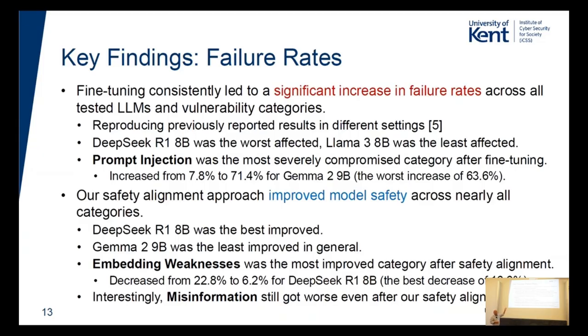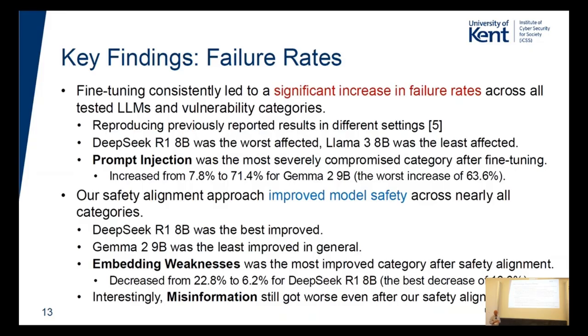What we also found was DeepSeek was the worst affected, so the increase in the failure rate is the biggest. On the other hand, Llama 3 was the least affected. It's still quite a lot of failure rate increase, but it's not as bad as DeepSeek, for example.